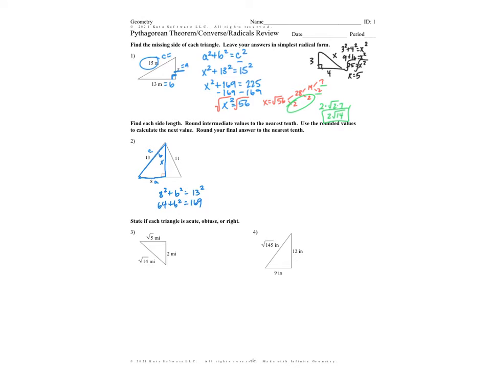So now I can get B squared by itself by subtracting 64. So I know that b squared is 105. Okay? To get the b by itself, you take the square root on both sides. So b is root 105. Now, okay, I know that this won't simplify, but I'm going to show you what you do if you don't know.